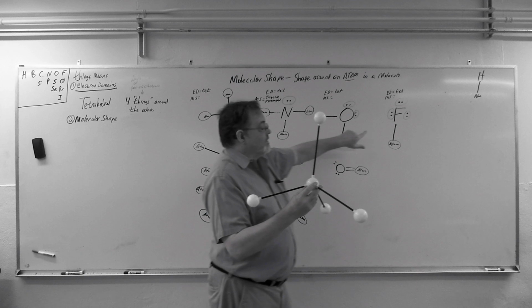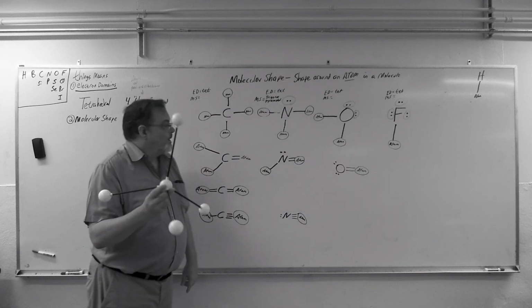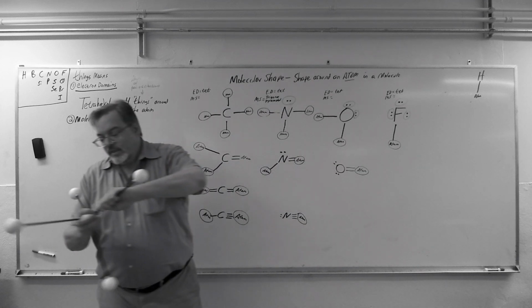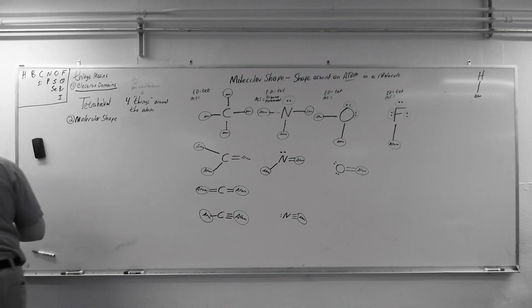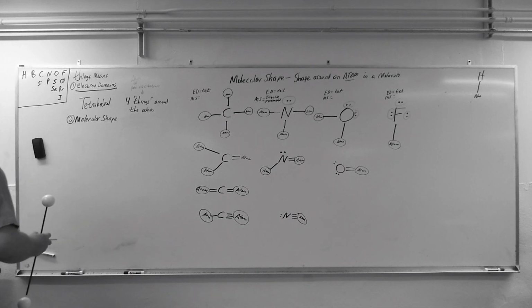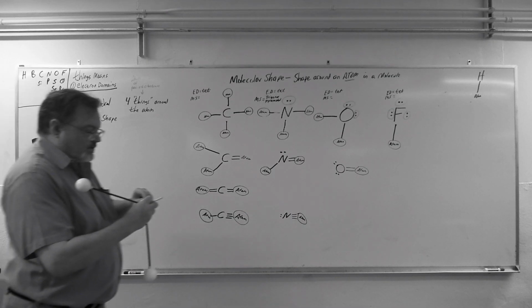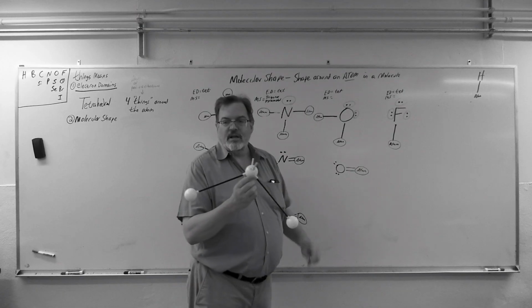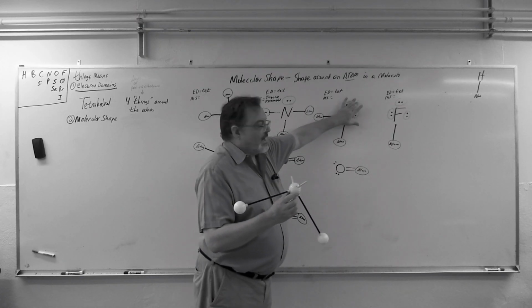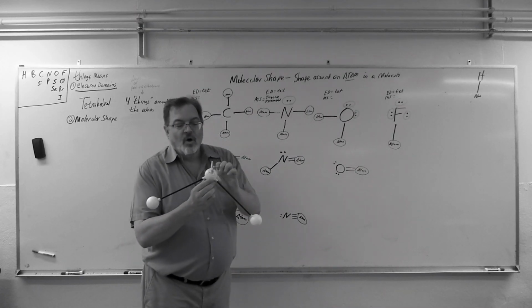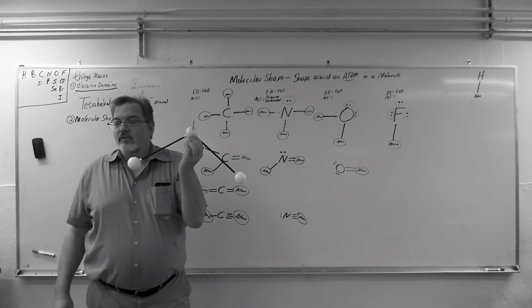This and this are really the same basic shape. But if I remove two of these to do oxygen, and those two spots are pairs of electrons, it started out tetrahedral, and it is still tetrahedral. But if in your mind's eye you ignore these two things, what are you tempted to call that?